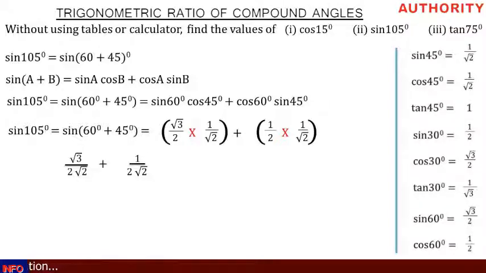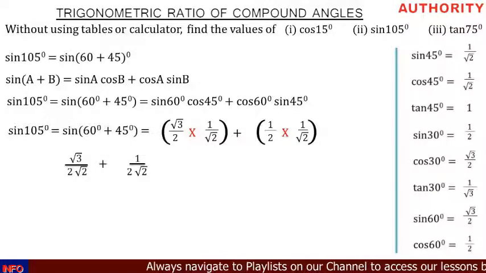Then plus, in the second bracket, 1 times 1 is 1, and 2 times root 2 is 2 root 2. So we have root 3 all over 2 root 2 plus 1 all over 2 root 2.